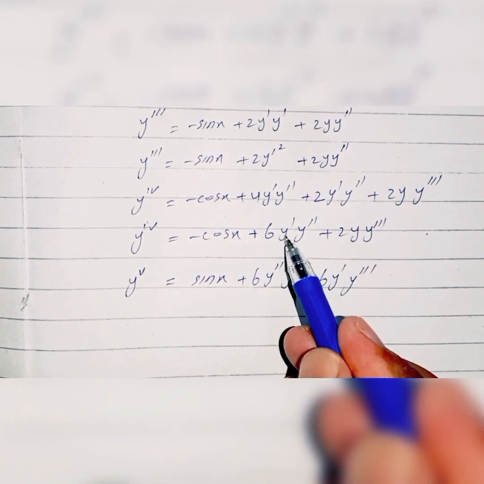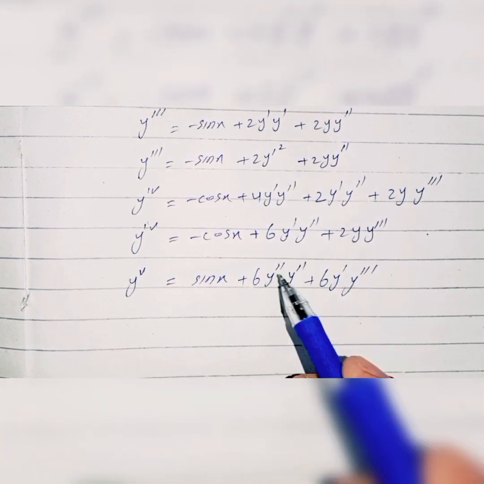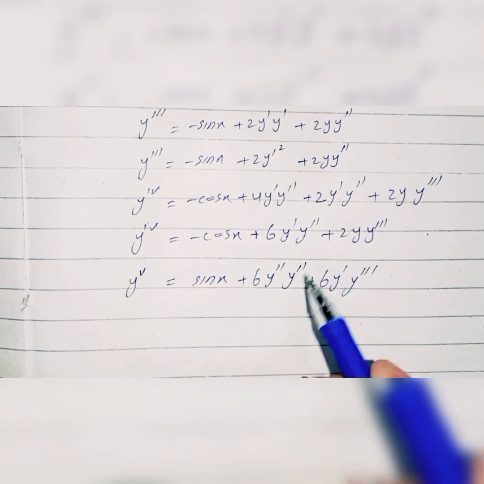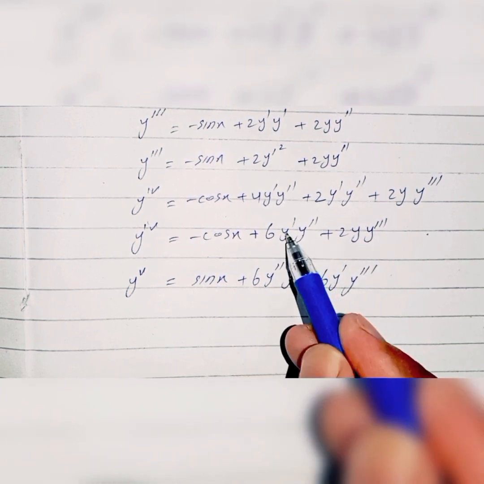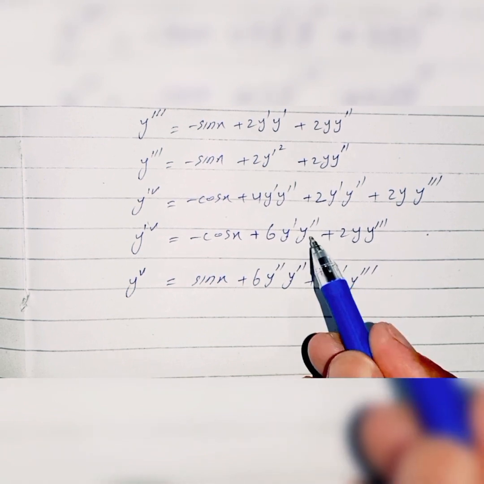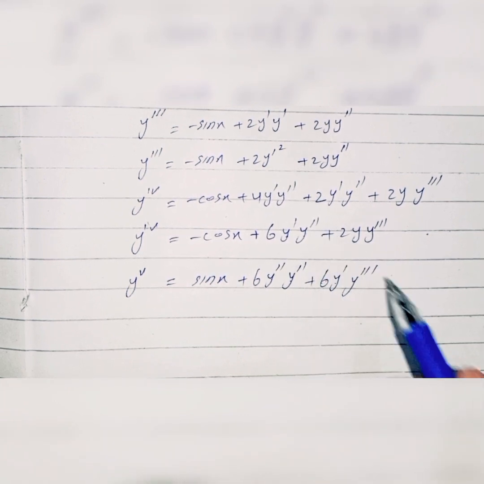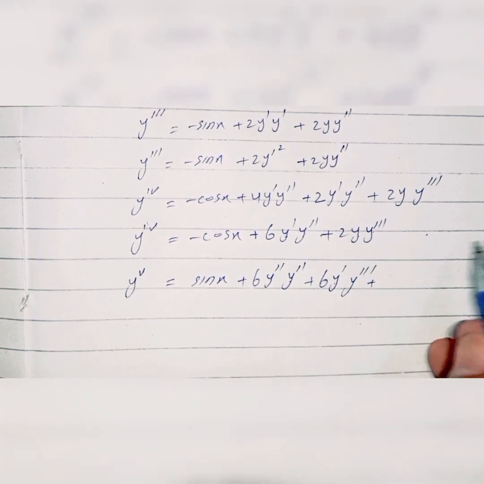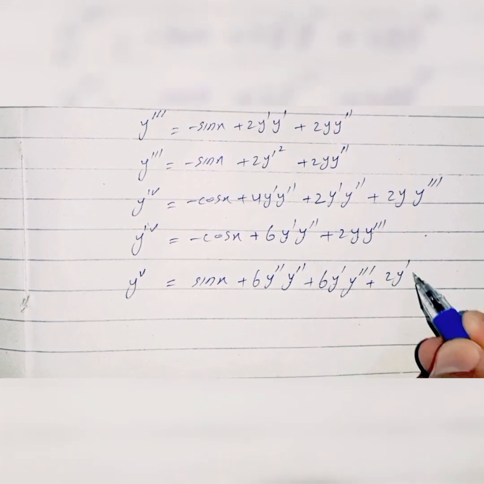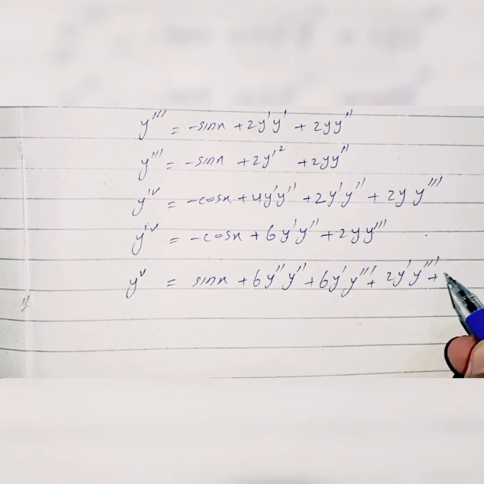By using product rule on these two terms, derivative of y prime y double prime taking as it is plus 6y prime taken as it is, and derivative of y double prime is y triple prime. Similarly, by using product rule on these two terms, we have 2y prime y triple prime plus 2y y fourth derivative.